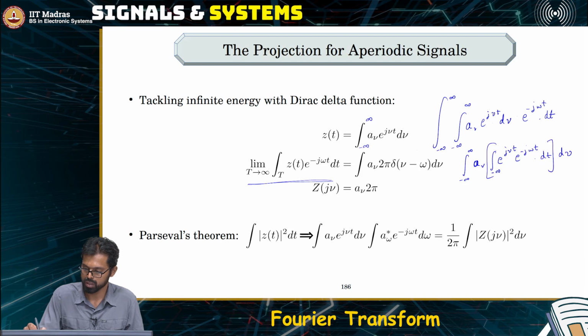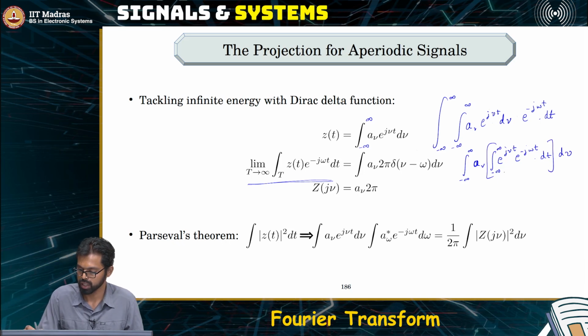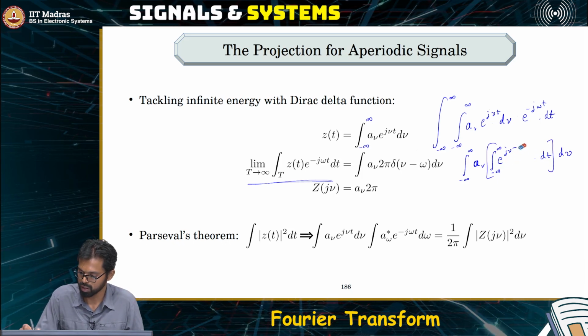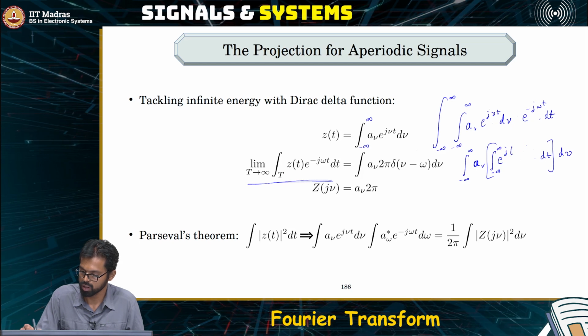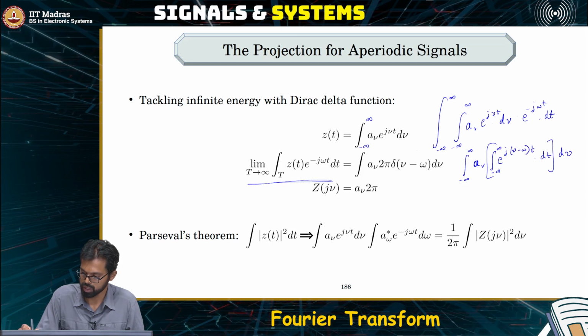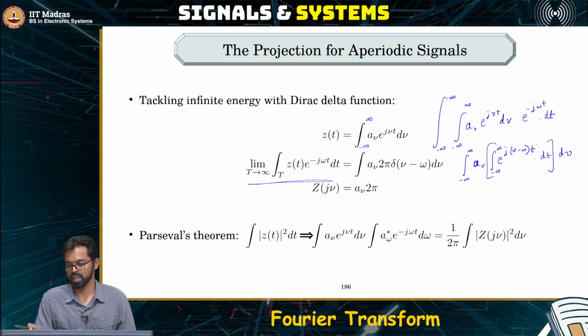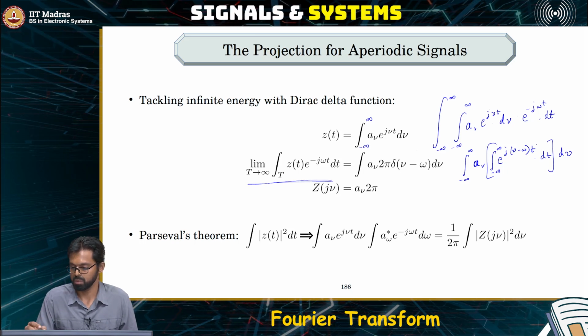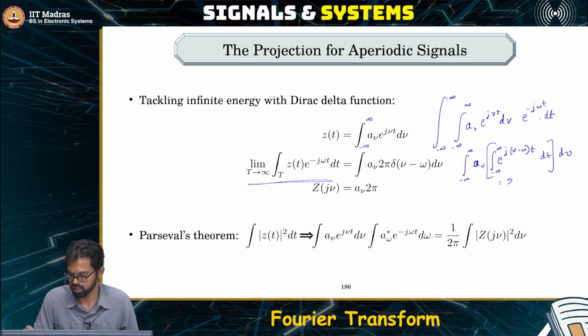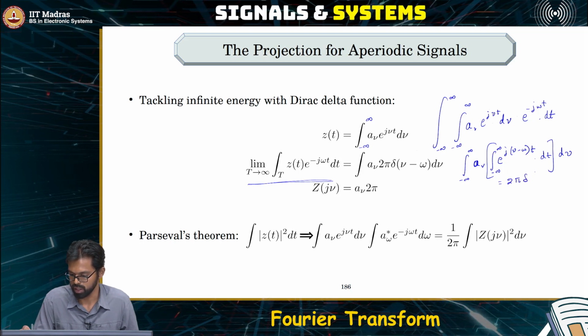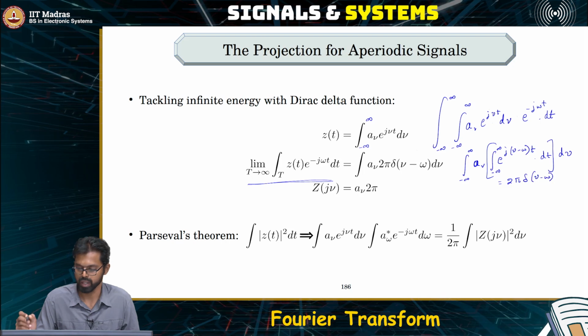So in other words, we are going to integrate e^{j(ν-ω)t} dt. So this integration is quite complicated. Take it from me that this is equal to 2π δ(ν − ω).